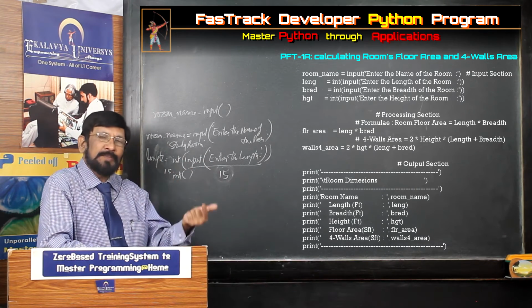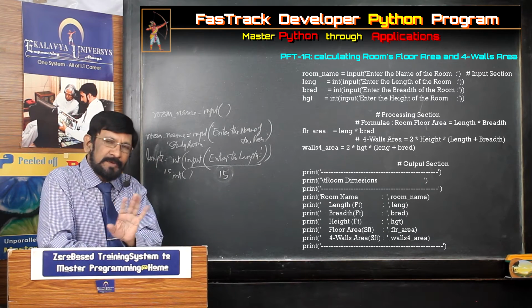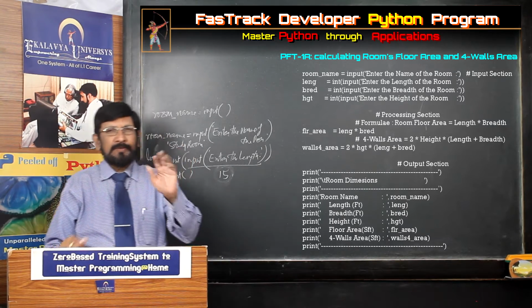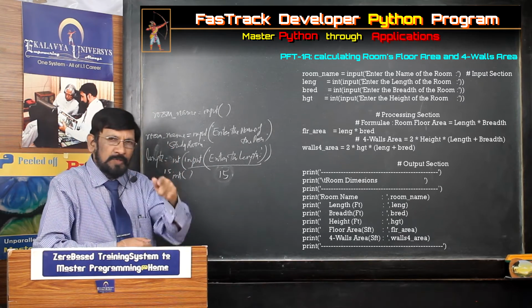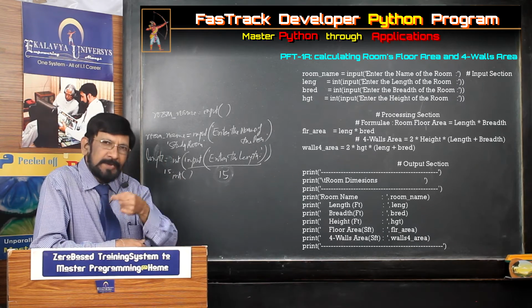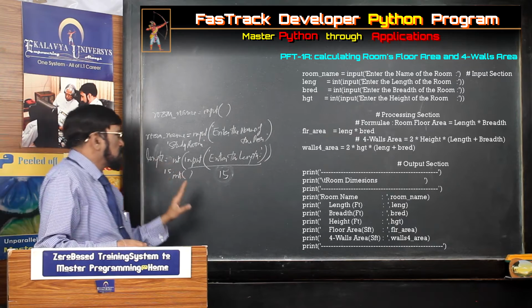Then only you can perform any operations on that. Otherwise, it is useful only for display purposes. If you want to display I have five chocolates, nothing is wrong. But if you have to perform operations, like eating it, then the wrapper should be removed. Then we have to use the int function.